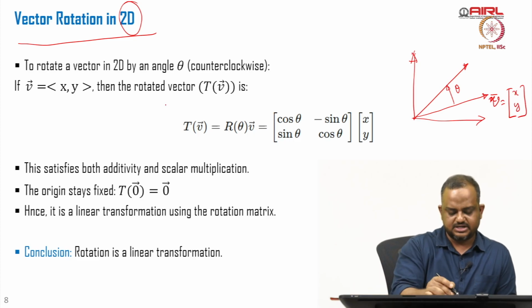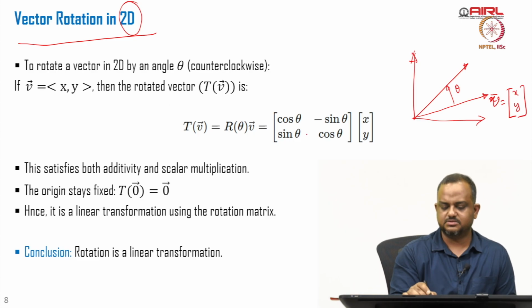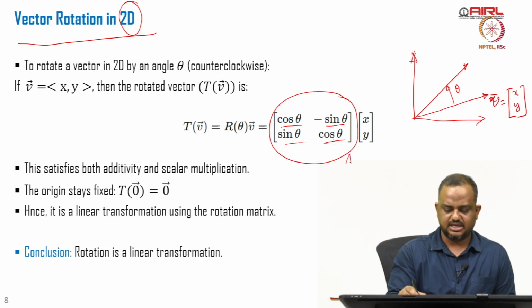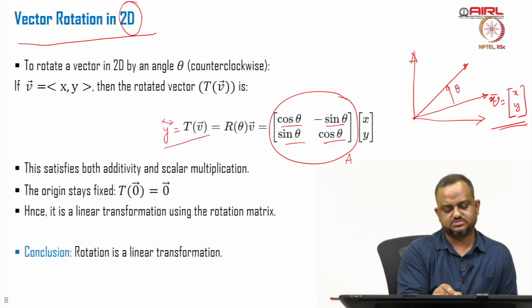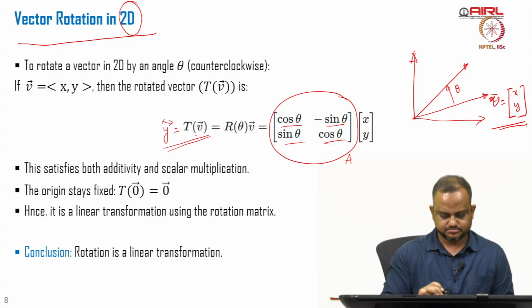Then when it is rotated, it becomes the matrix cos theta, minus sin theta, sin theta, cos theta as the linear transformation matrix. So this is A. This acts as the rotation of the vector in a counterclockwise direction. The original vector is v, and once we do the transformation we get another vector y, which is the transformation of this.